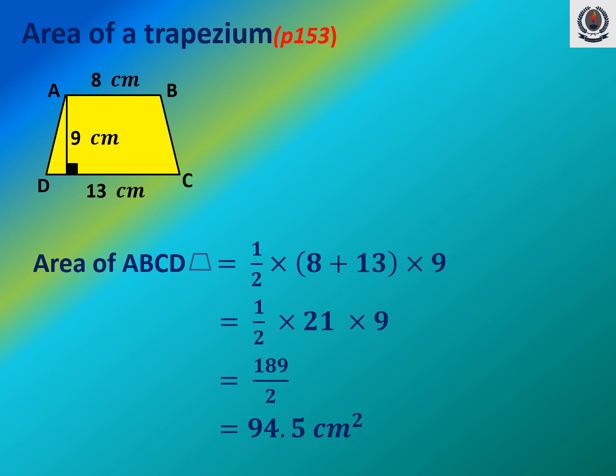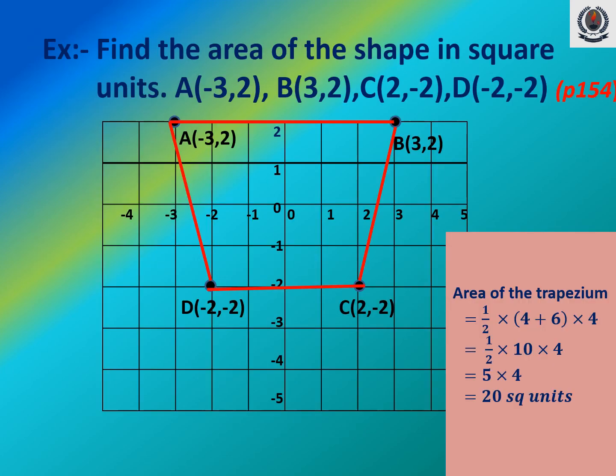Therefore, area of trapezium ABCD equals half into sum of these two parallel lines, 8 plus 13 multiplied by, what is that? 9. So 8 plus 13, 21. Then half into 21 into 9, 189 divided by 2. The answer is 94.5 square centimeters of this trapezium.